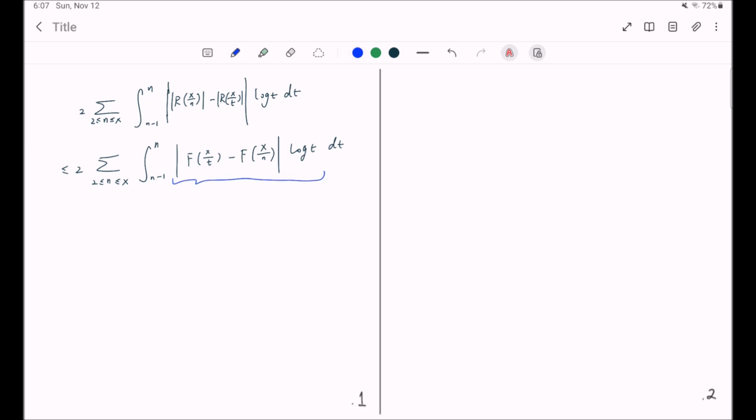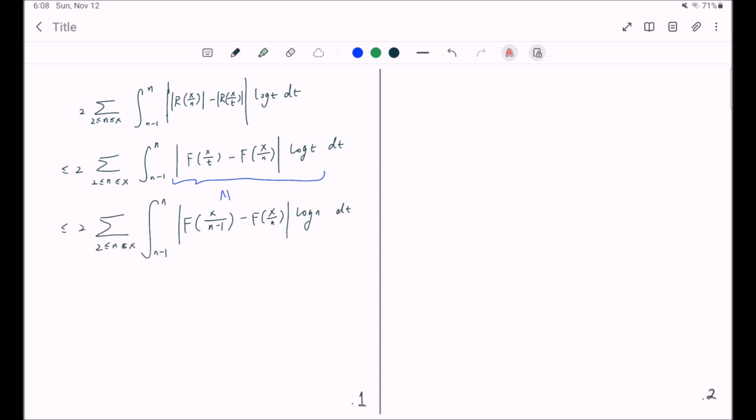By monotonicity, because t is from n minus 1 to n, this integrand is bounded above by, now we replace this t here by the smallest one, namely n minus 1, and replace t here by the largest one.